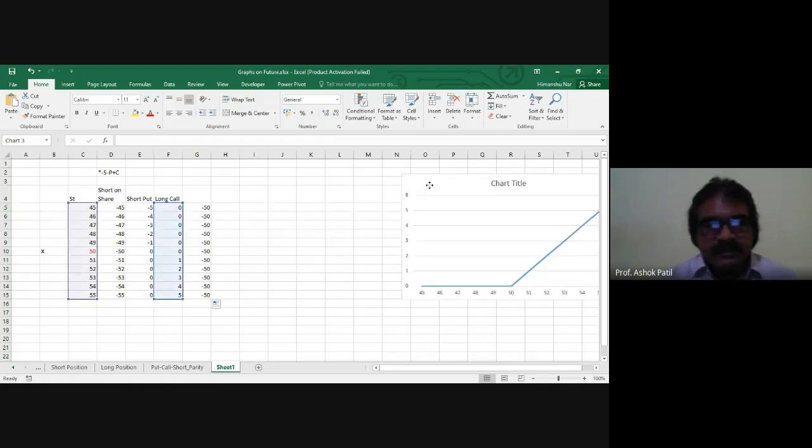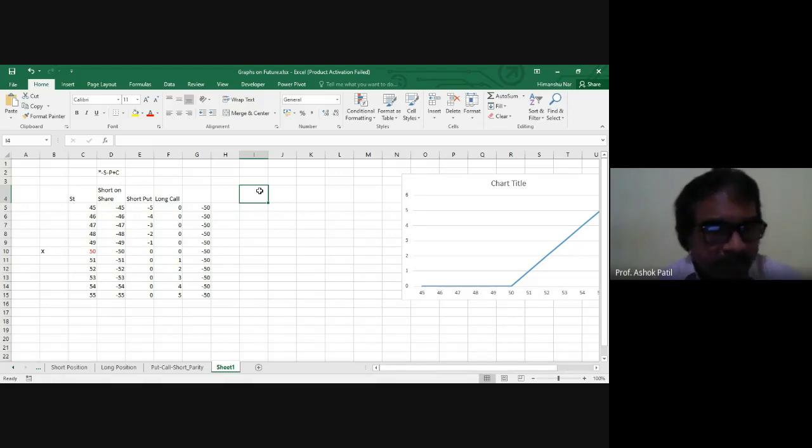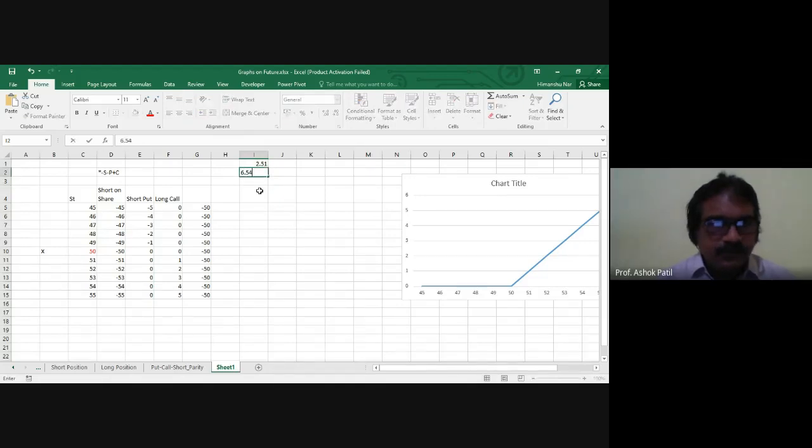Now we go to column I, and we want to see the position of minus S minus P plus C. On the top in I1, you write 2.51, and come down, I2, 6.54. To H1, I think that was put, if I'm not wrong. So you write put premium there, and come down and write call premium.